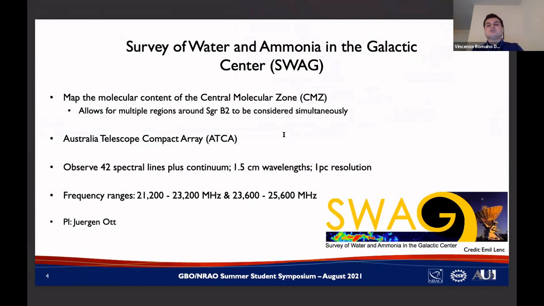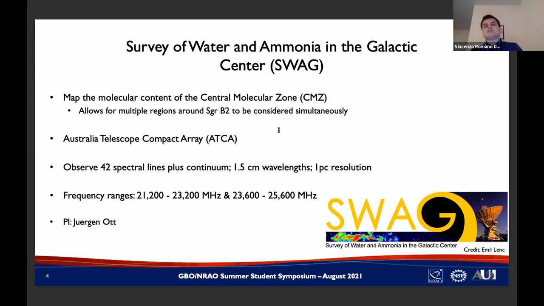The data we'll be using to achieve this is the Survey of Water and Ammonia in the Galactic Center, or SWAG. This data was collected using the Australia Telescope Compact Array, which is an array of six 22-meter antennas, and it observes a total of 42 spectral features plus radio continuum over the range of around 21.2 gigahertz to 25.6 gigahertz.